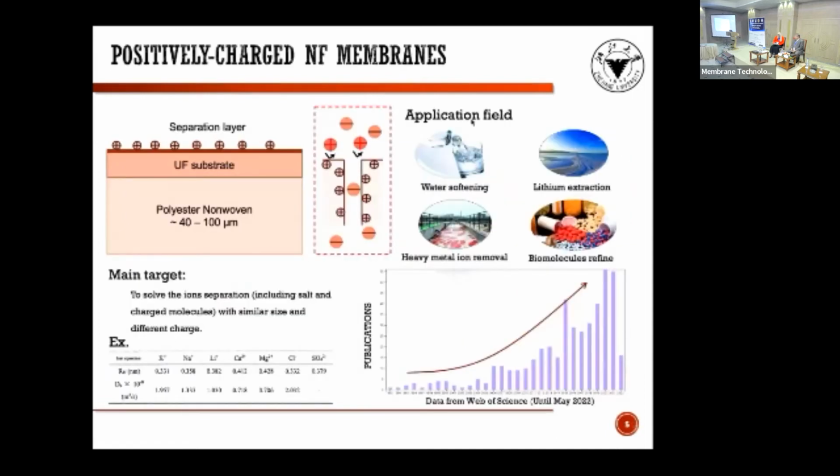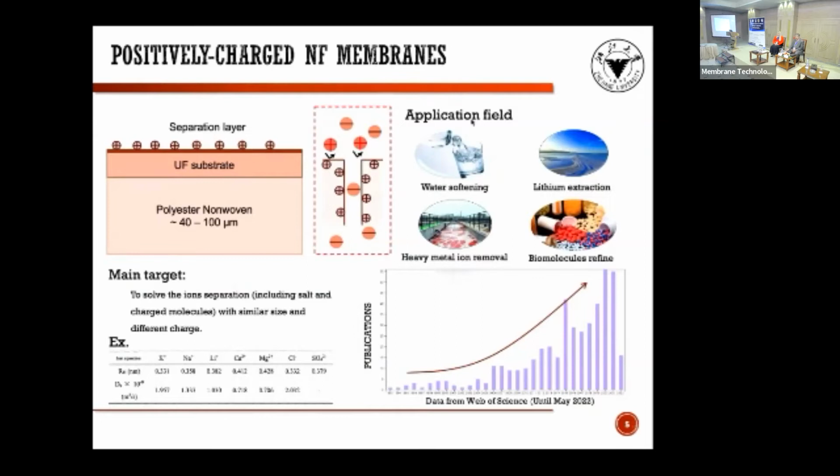What is a positively charged NF membrane? It means there are sufficient positive segments covering the separation PA layer, in which the surface charge becomes positive in aqueous solutions. The positive segments include quaternary ammonium groups, PEI, and chitosan.